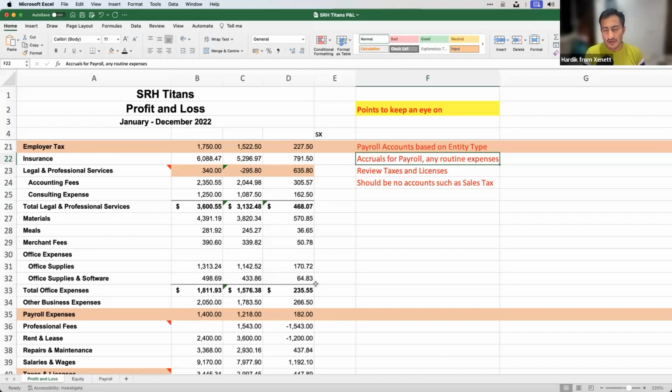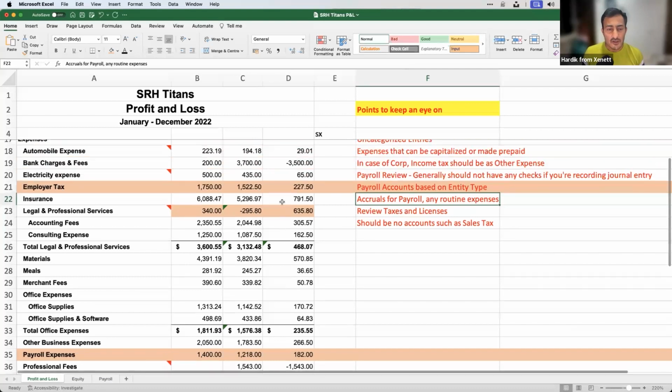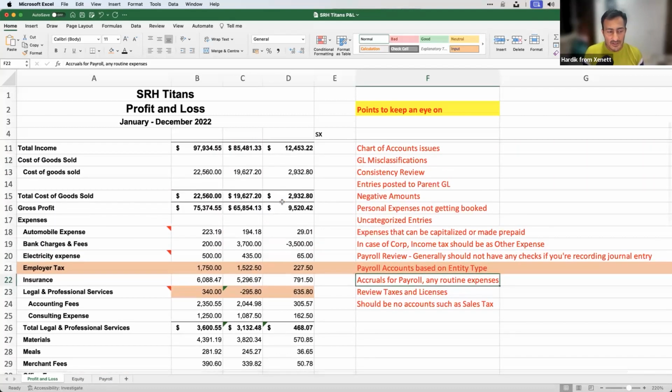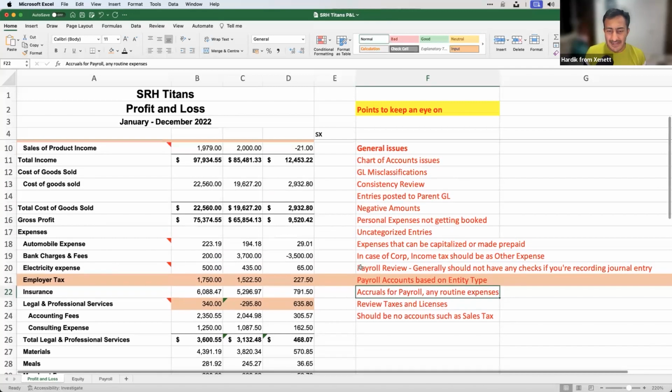So we need to make sure, not just with the payroll, but any sort of expenses that we are reviewing in the profit and loss, if something is missing, then we have to check whether the expense is not there at all, or whether we are really missing booking that expense. And accordingly, we need to book the proper accrual entries for the same. All right. So that's that.